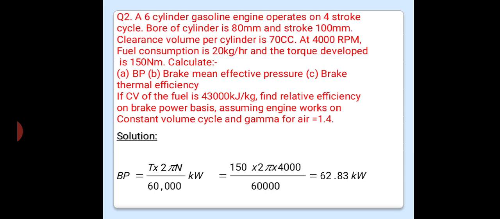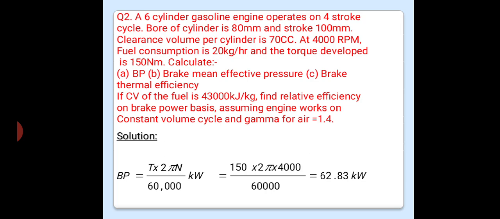For calculating brake power we have the formula 2 pi NT divided by 60,000. In this problem N is given as 4000 and torque they have mentioned as 150 Newton meter.